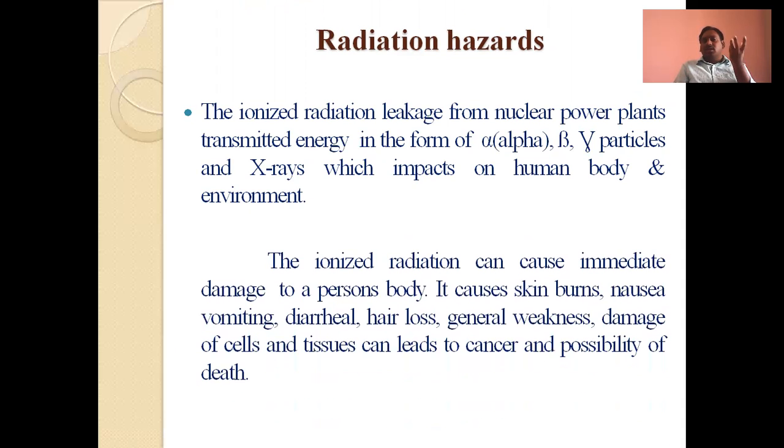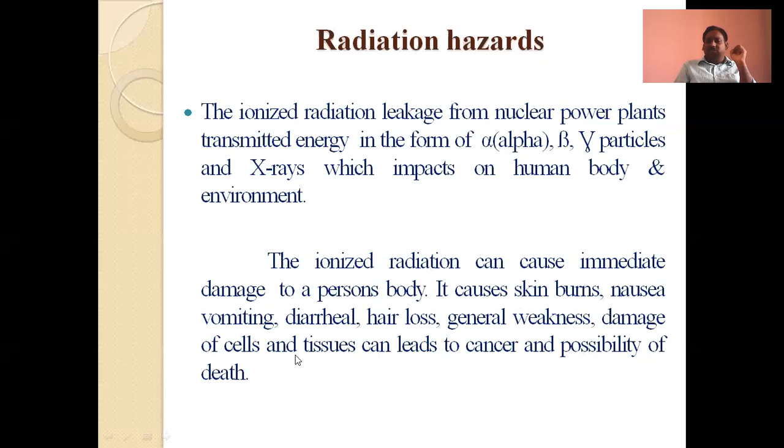It can create hazardous results to the human body. What are those? This ionized radiation causes skin burns, nausea, vomiting, diarrhea, hair loss, general weakness, and damage of cells and tissues.